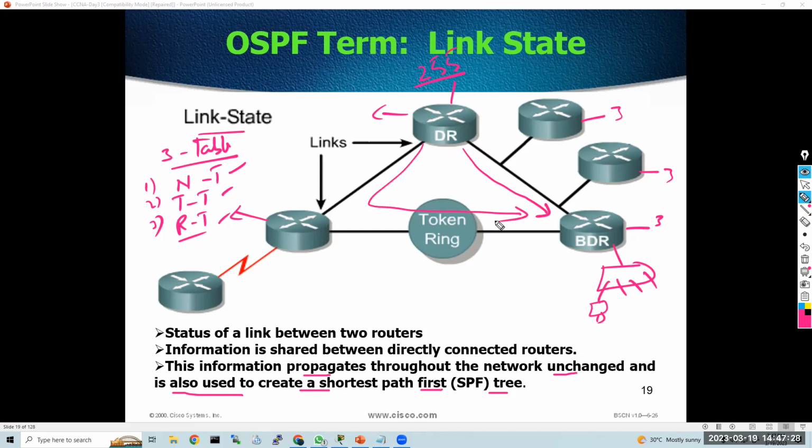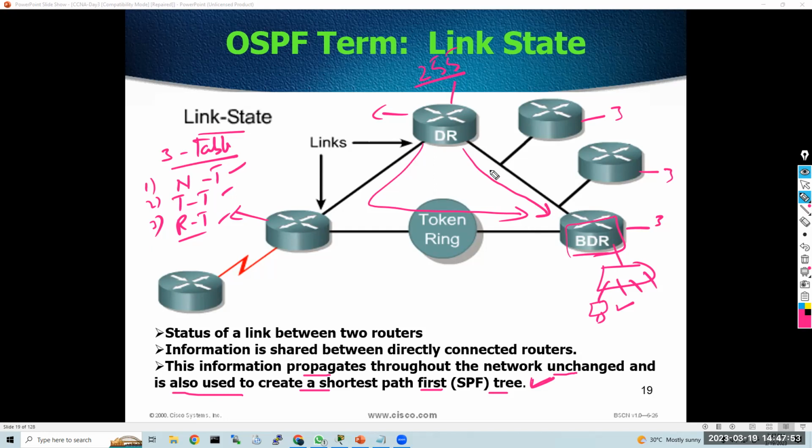These are called the possible routes. What are the different possible routes to reach this ABR? This algorithm, the shortest path, forms the tree structure. I want to reach this PC, so what are the possible paths I can select? It will always select more than one route.